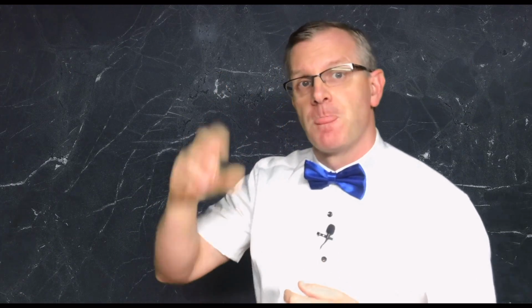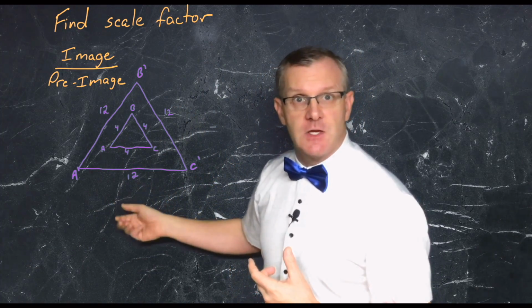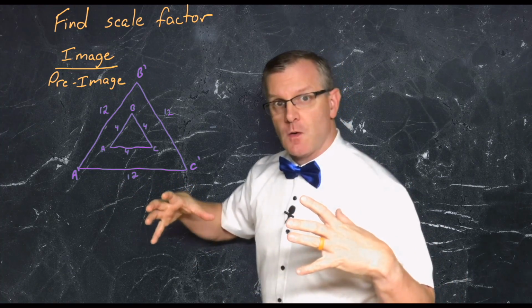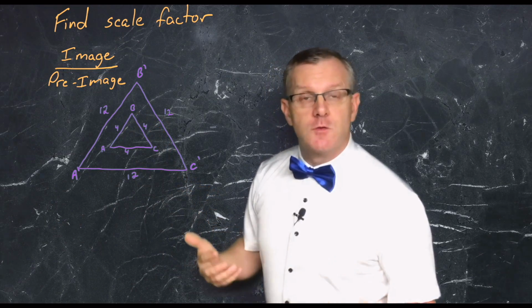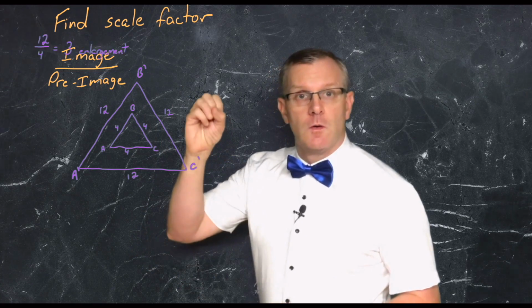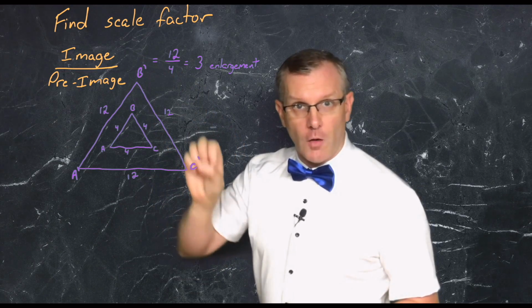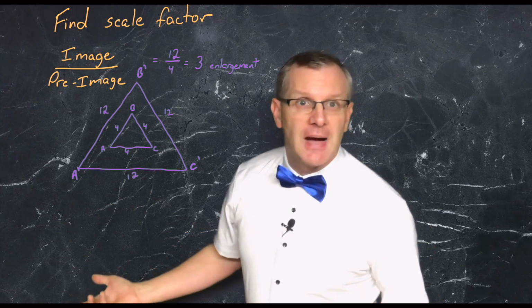In triangle ABC, the side length is 4. When we enlarge it, the side length for A prime, B prime, C prime is 12. So our image over pre-image, 12 over 4, new over old, 12 divided by 4 gives a scale factor of 3.